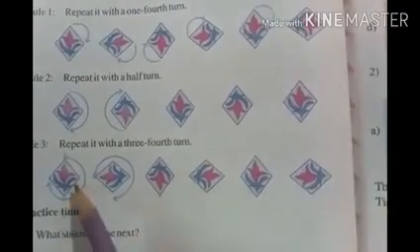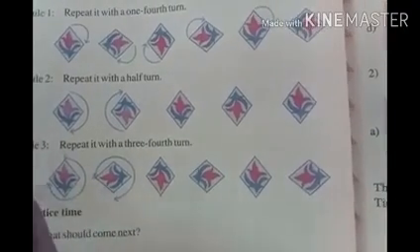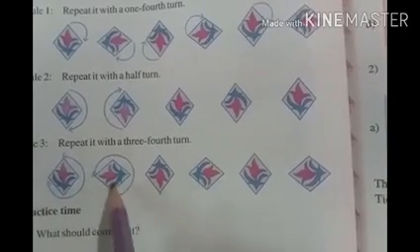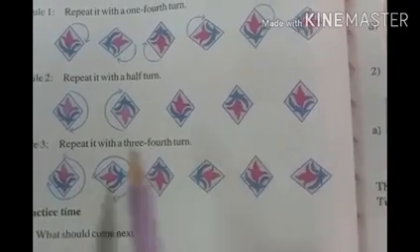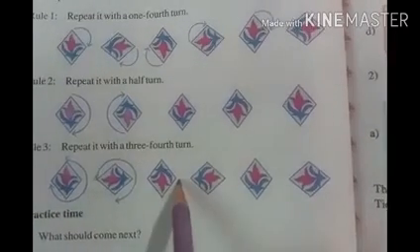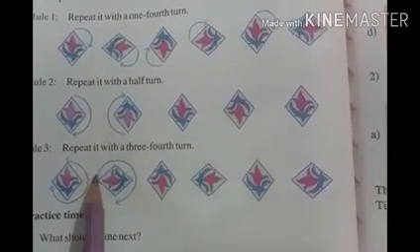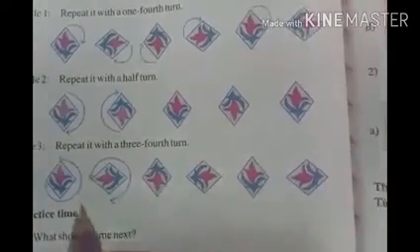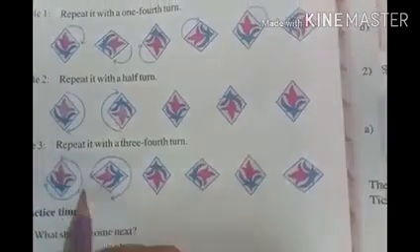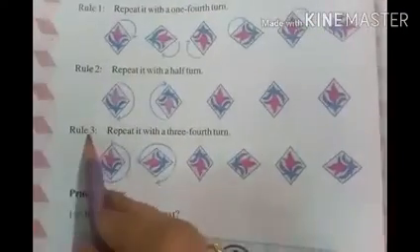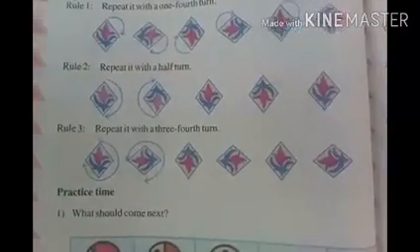You can move the same pattern anti-clockwise, that is left hand side, 1/4. So you will get this pattern only. This is straight, then left, down, right, straight, left, down, right. That will be the pattern if you move in the anti-clockwise direction. This is clockwise direction. If you move in the other direction, if you move it like this, it will be anti-clockwise.